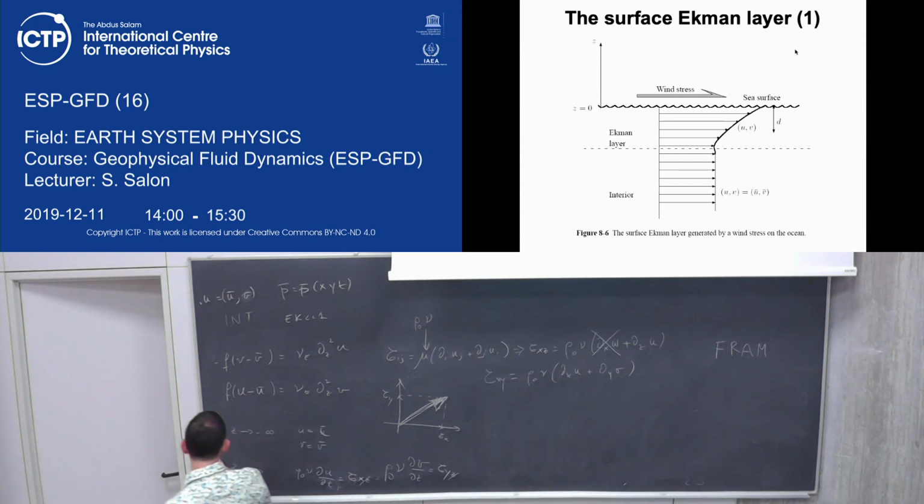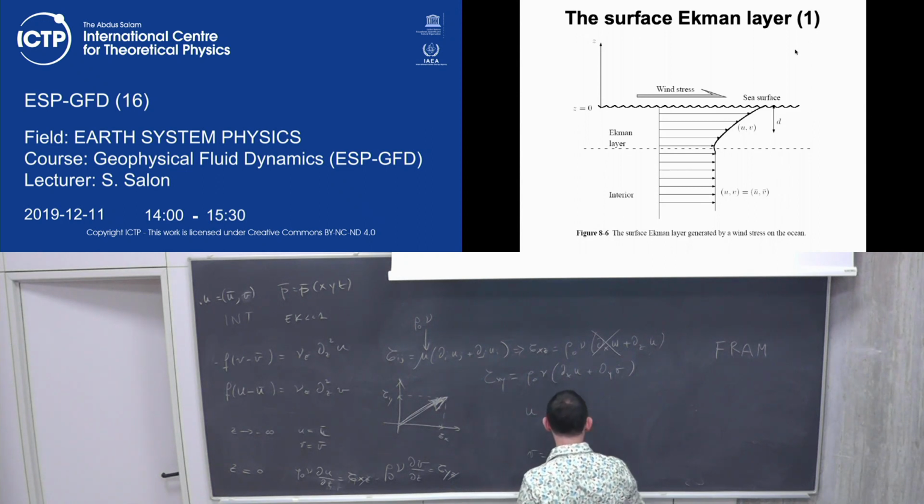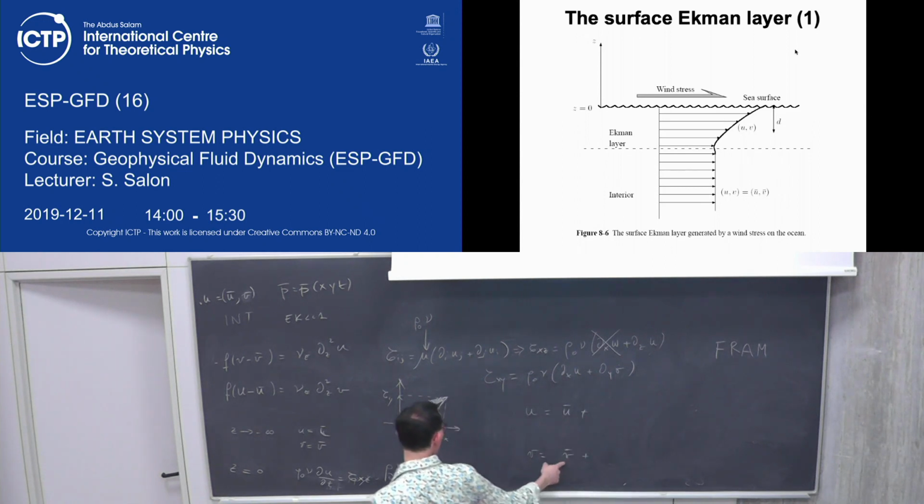Okay, good. So the boundary conditions are a little bit more complicated. What happened is that we don't see how to find the solution, but we can see what the solution looks like. So u and v, both will be U bar and V bar.